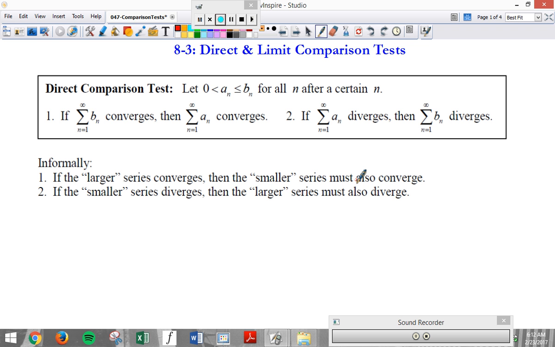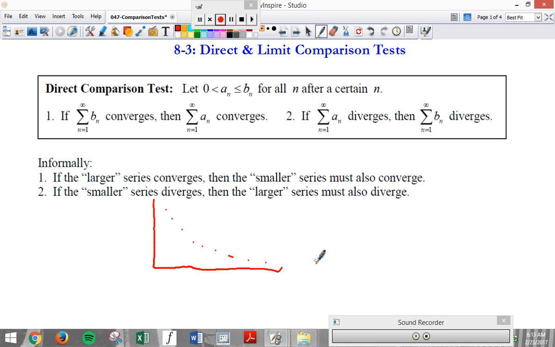So just to give you a concept of how this is working, let's say in red we have our series. We don't know whether that converges or diverges. It looks like its limit is going towards 0 as we go to infinity, but remember that that is inconclusive.